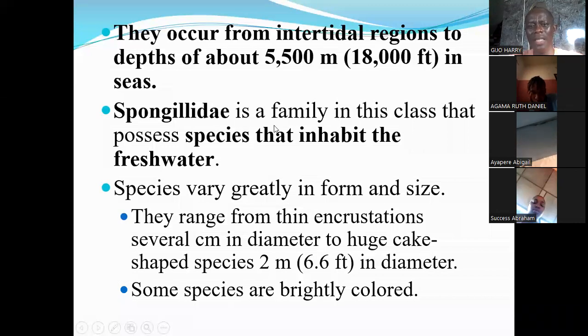So this is the only class that has members that inhabit freshwater habitats. The species of this class can vary greatly in size and form.